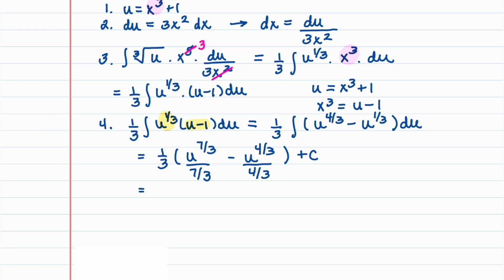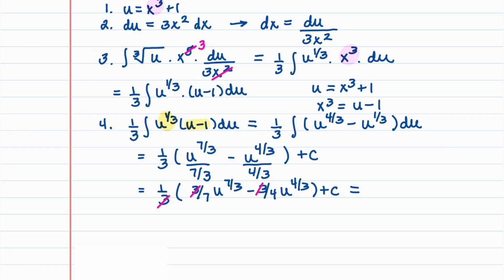Let's simplify this by bringing the fractions that are in the denominator up to the numerator. Our first term is 3 over 7, u to the 7/3, minus 3 over 4, u to the 4/3, plus c. And notice that our 3's are going to cancel.